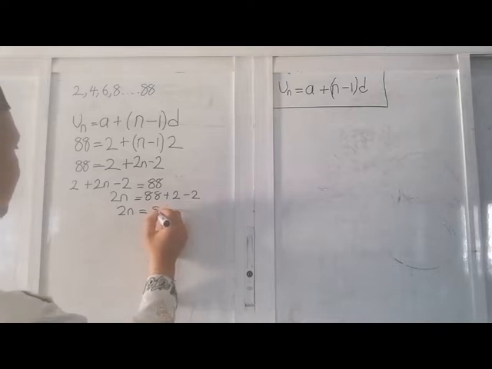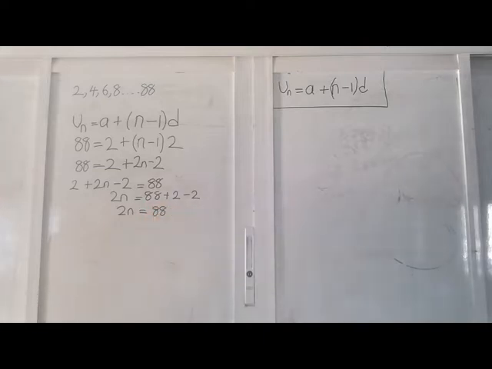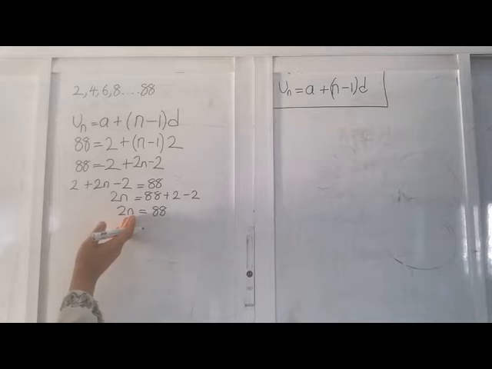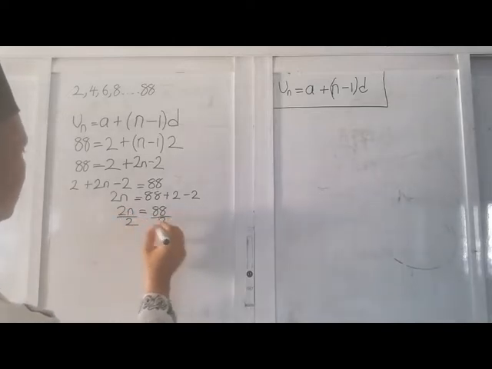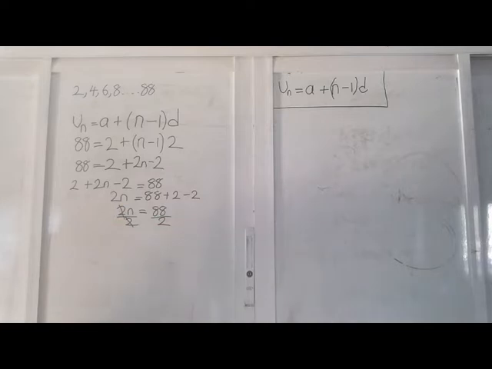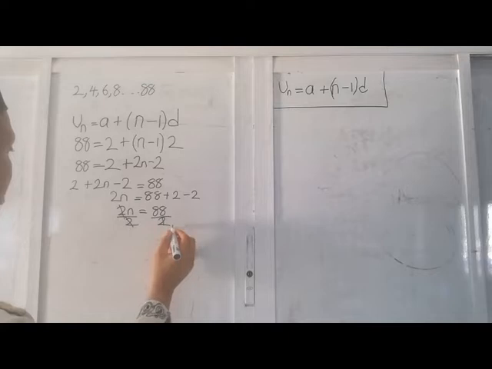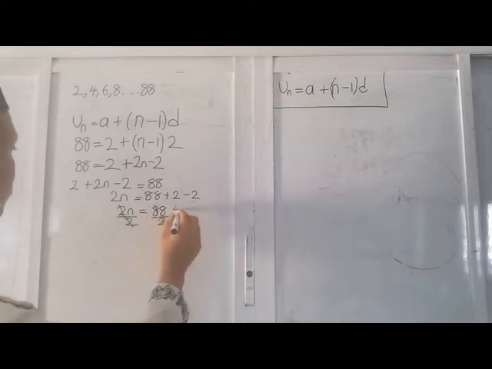So we have 88. Now, we will divide both sides by the coefficient of n, which is 2. So that 2 will cancel out 2, leaving us with only n. 2 divided into 88: 2 into 8 is 4, 2 into 8 is 4.